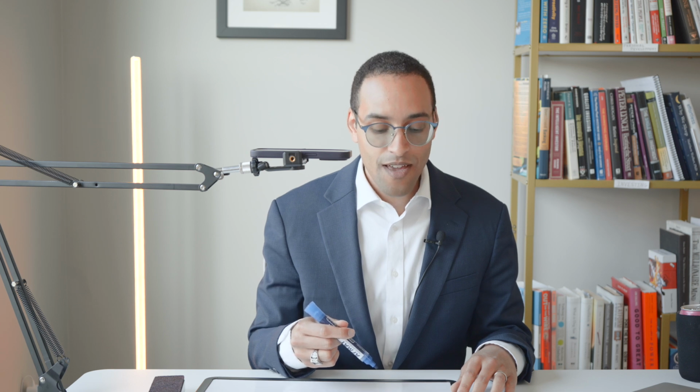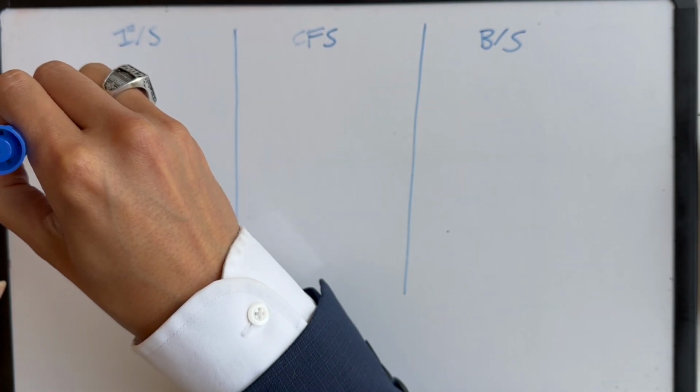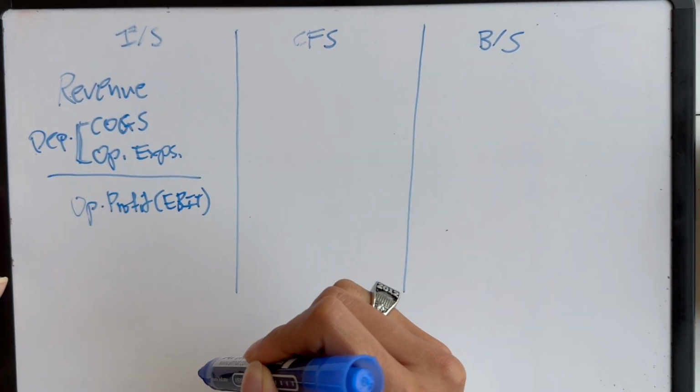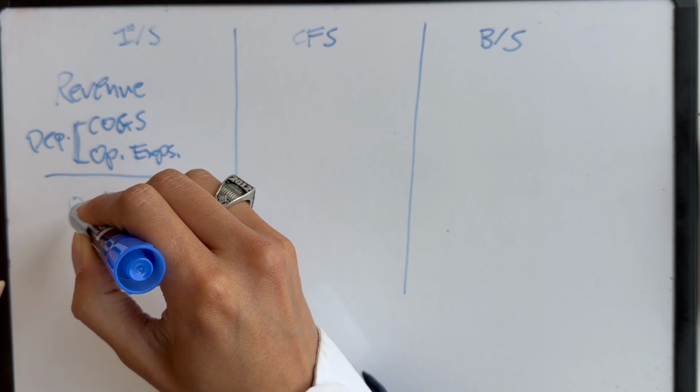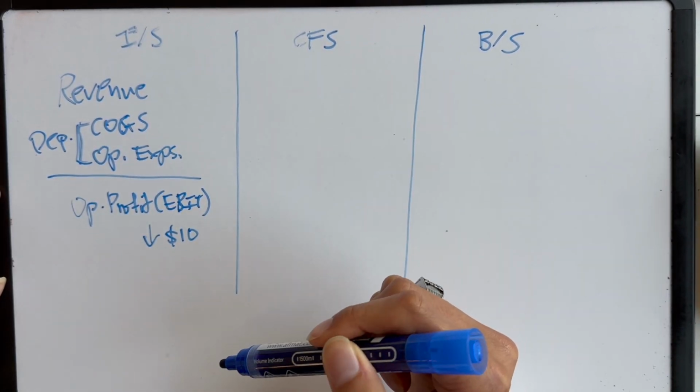So we have $10 of depreciation. The first thing that's going to happen is our operating profit is going to go down by $10. Because remember, depreciation is hidden somewhere in here. Somewhere in these COGS or operating expenses is your depreciation. So your operating profit is going to go down by $10.